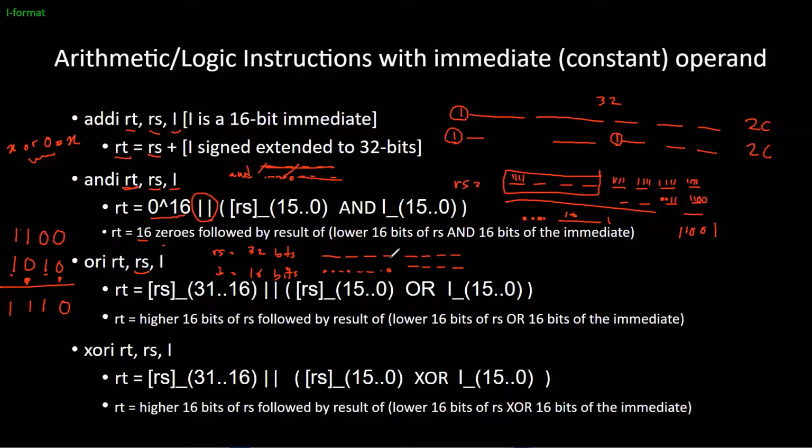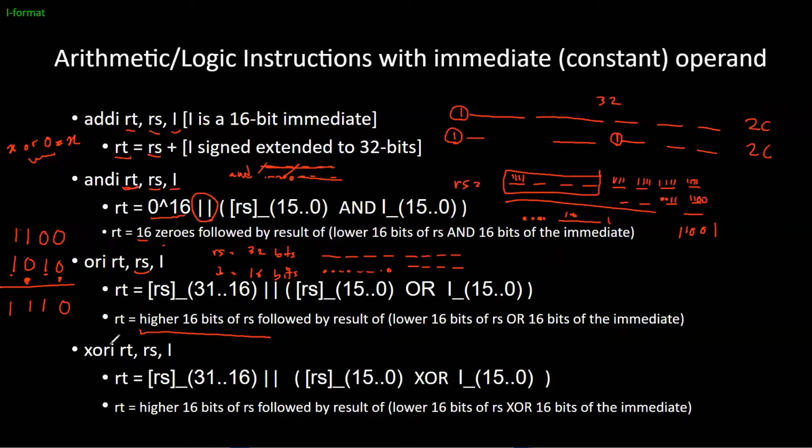And we are going to get the same thing as the answer for the higher 16 bits. So the higher 16 bits of the RS are going to be the answer for the higher 16 bits. And then for the lower 16 bits, we are going to get the OR result of I and the lower 16 bits of this RS.